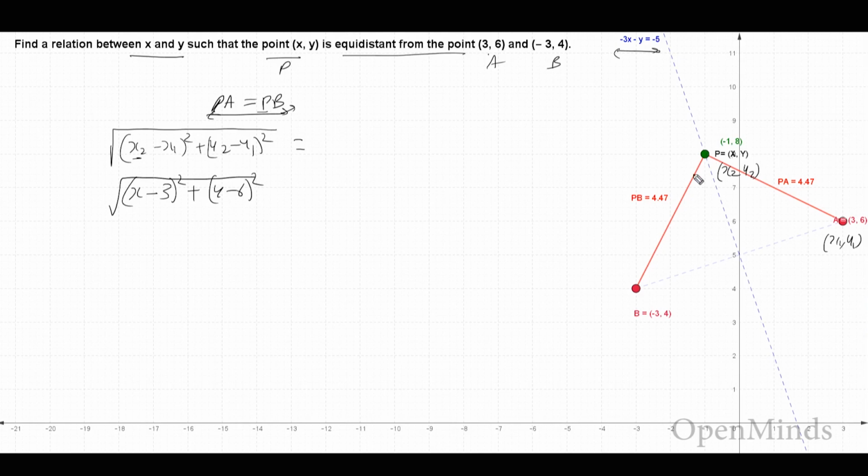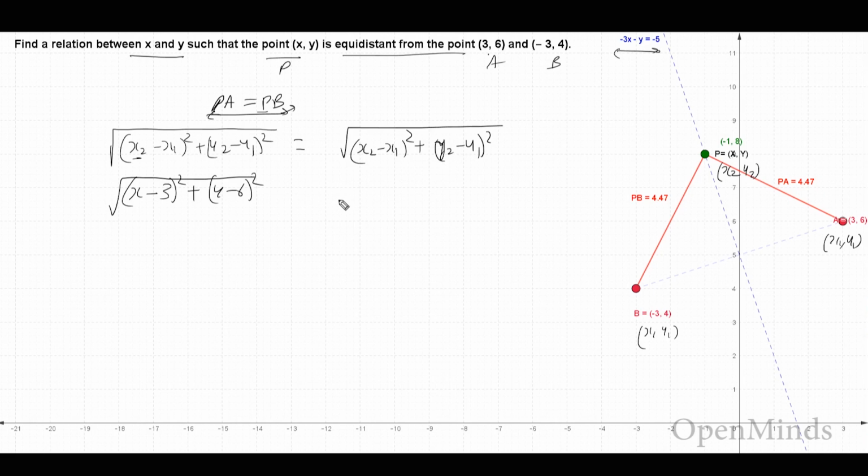Now when I talk about PB in this case, let me take this as x1, y1, and that is anyway x2, y2. So if I put the same formula, the distance PB, and I know that PA and PB are the same, so the distance formula goes like the same thing: x2 minus x1 the whole square plus y2 minus y1 the whole square. Beautiful.